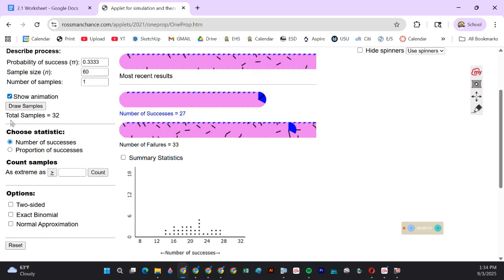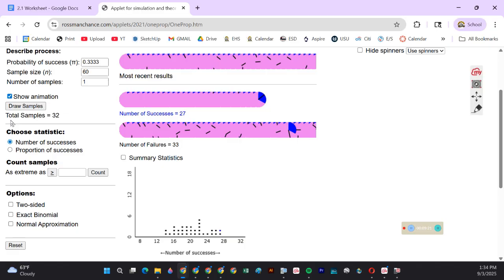So I'm at 32 samples, I'm going to stop. Okay, look at number 8. What does each dot in the histogram represent? So the number of, in this case heads, but what are we simulating?